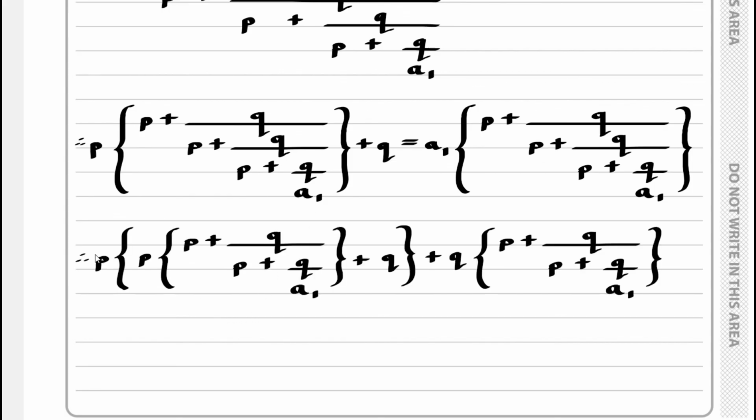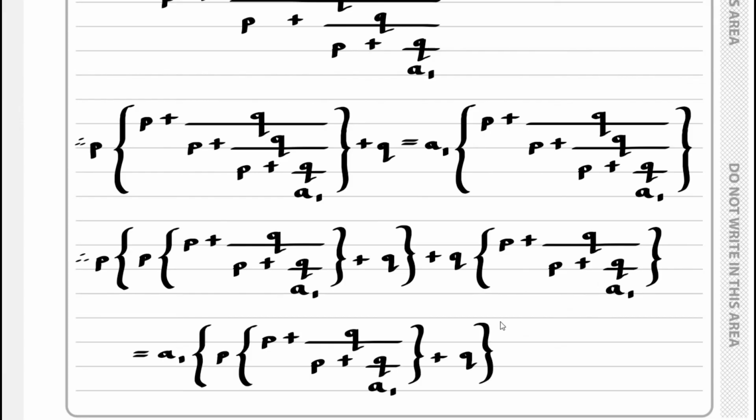And if I do that, on the left hand side I've got p lots of p plus q over p plus q over A1 plus q multiplied by p plus q over p plus q over A1. And on the right hand side we have A1 lots of p plus q over p plus q over A1 plus q.